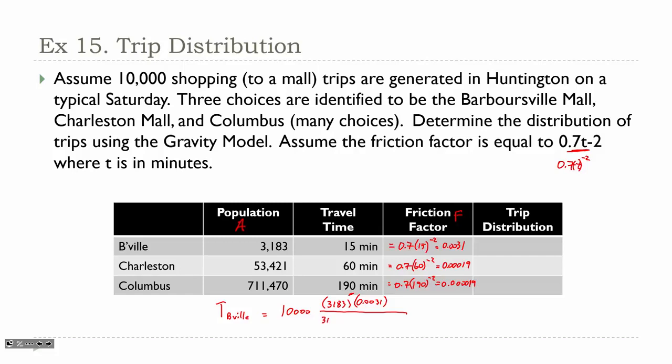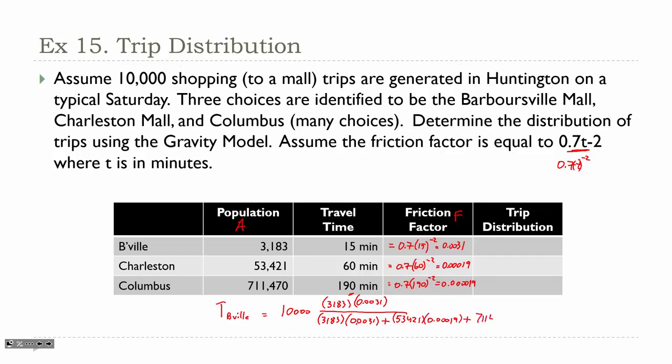So we would have 3183, so Barbersville, plus Charleston, plus Columbus.